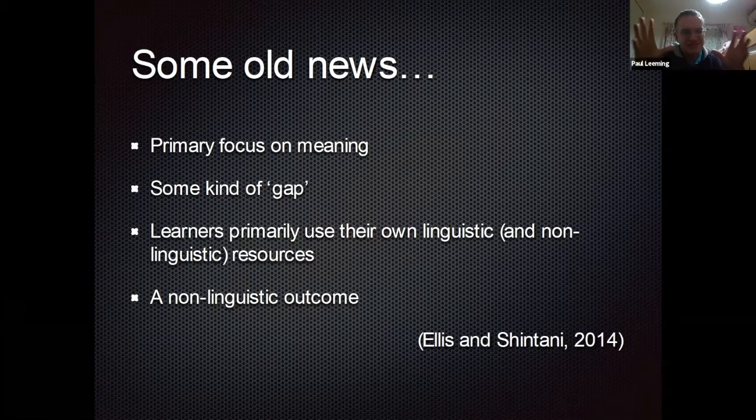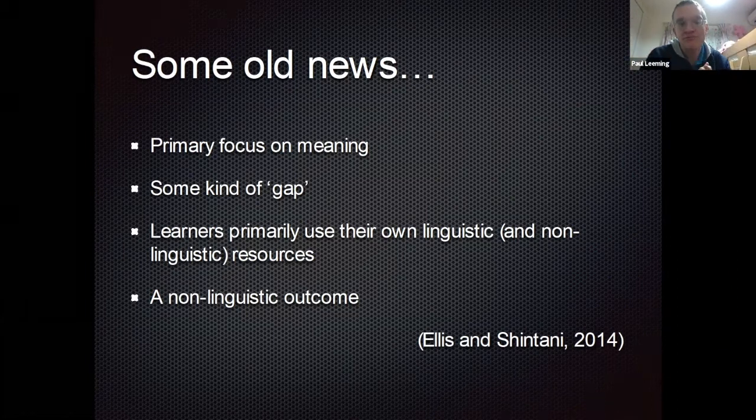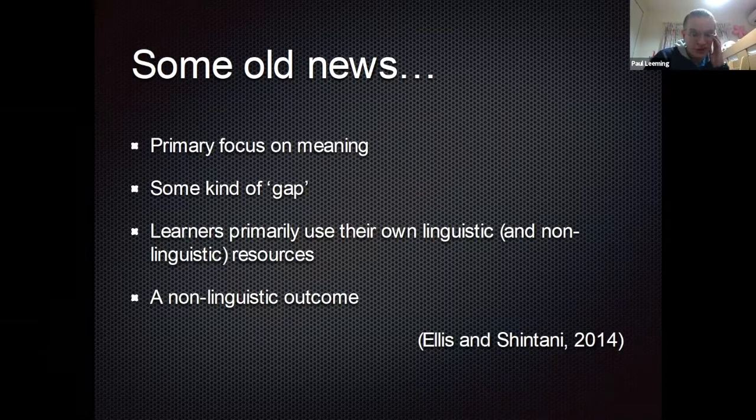So there isn't necessarily even a single agreed upon definition, but what most people agree on is this. It's from Rod Ellis and Natsuko Shintani's book in 2014. And Skehan, Long, all the big names in TBLT would pretty much agree on this.